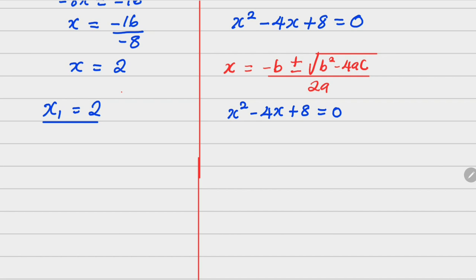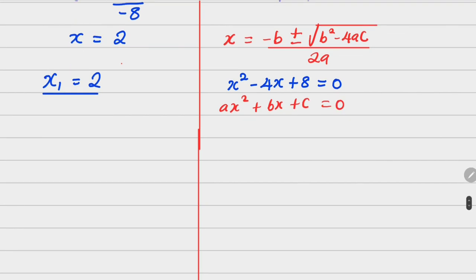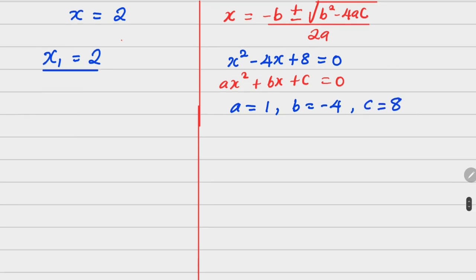Now, what is the general format of a quadratic equation? It is ax squared plus bx plus c is equal to 0. Comparing the terms, we end up with a equal to 1, that is, the coefficient of x squared is 1. Then b will be equal to minus 4, and the constant c will be equal to 8.